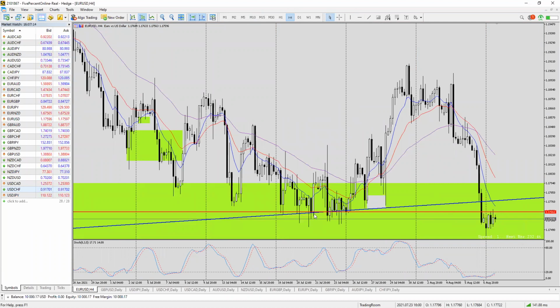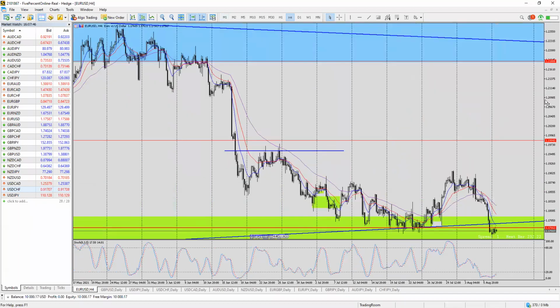It's the previous horizontal support line, and we also have this blue trend line which was broken, and the moving averages above. So if the euro dollar continues moving sideways below this broken support line, it might continue lower with this moving average pushing the price lower.